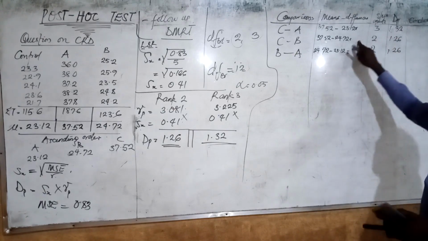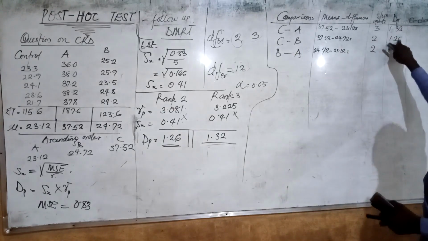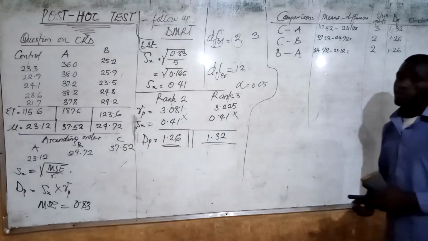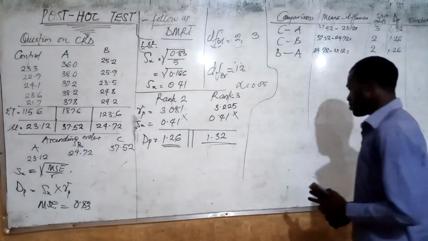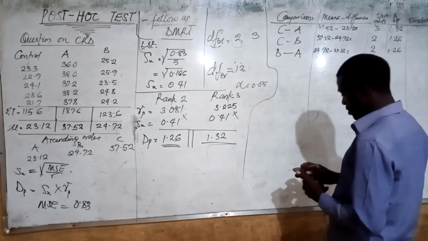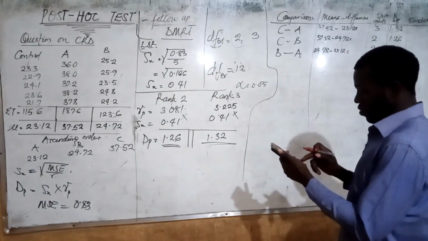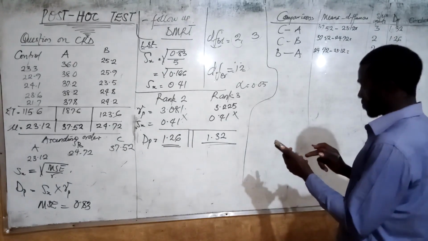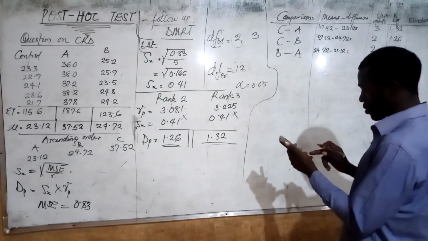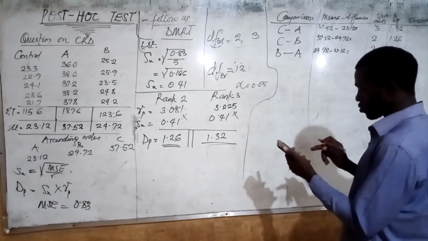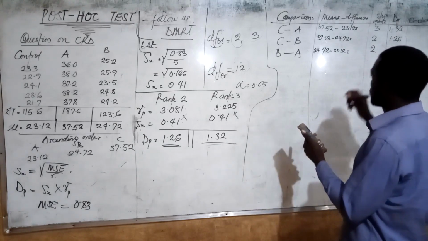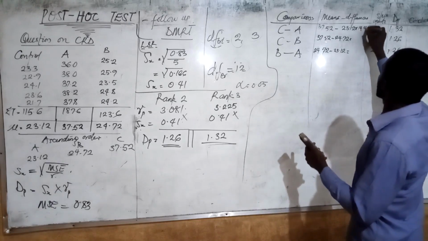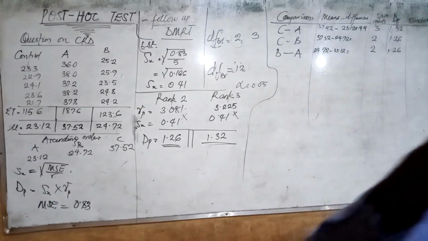The one that has rank 2 is the one that will own the DP value on rank 2. So then the next one, let's now compute this. We have 37.52 minus 23.12. That gives us 14.4.